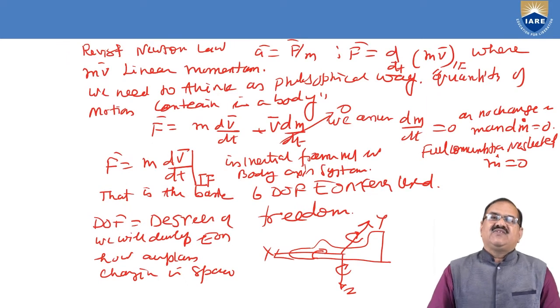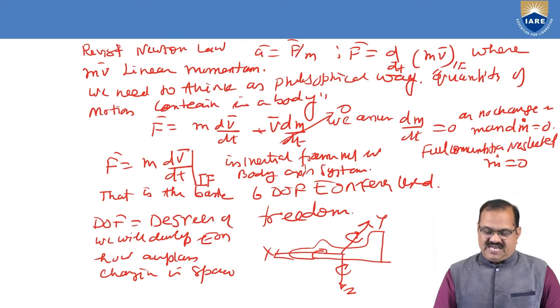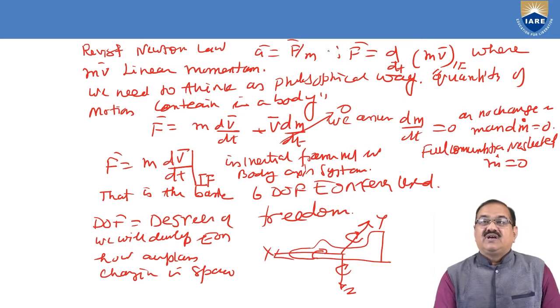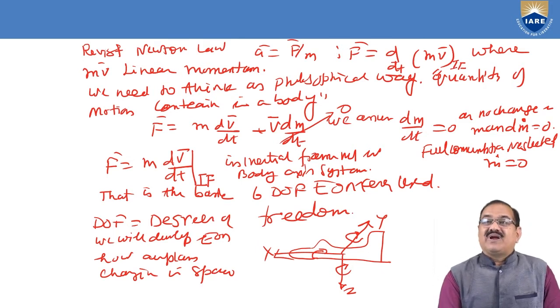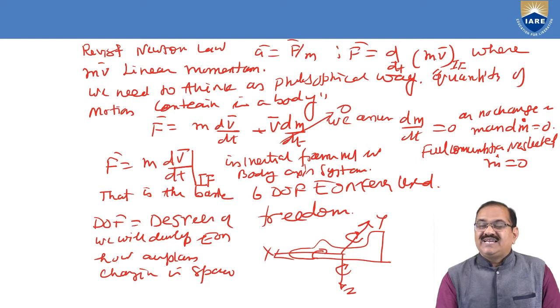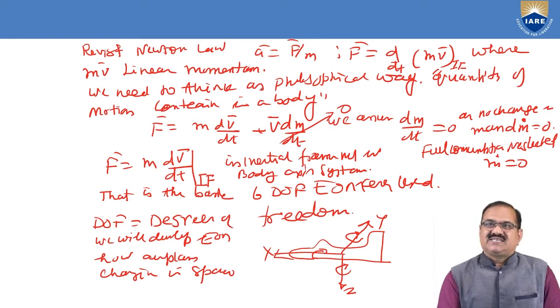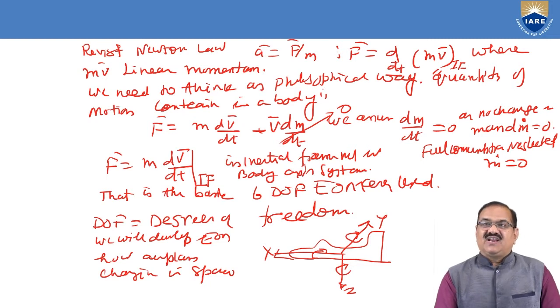So again, revisit Newton's law: acceleration is equal to F by m, or F is equal to d by dt of mv in the inertial frame, where mv is the linear momentum. What is the change of linear momentum? We need to think in a philosophical way: the quantity of motion contained in a body.